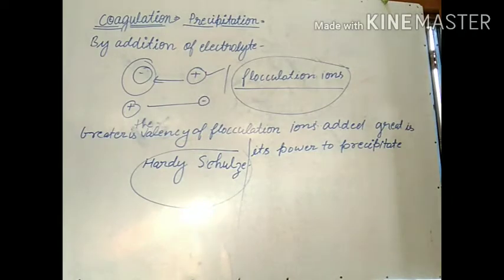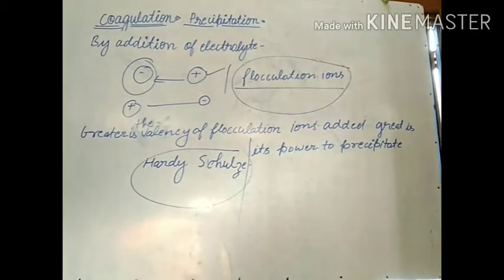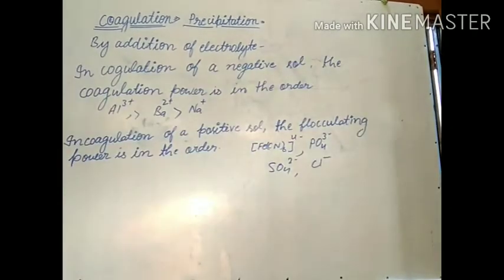It means if the valency is different, the same colloidal solution will be precipitated at a different rate.